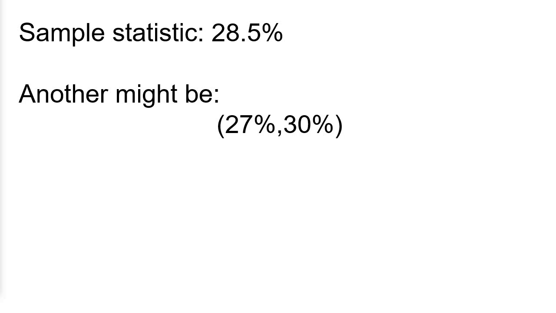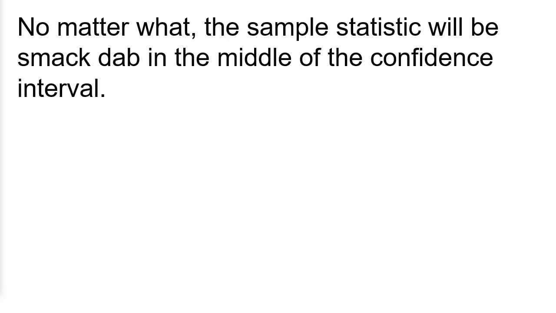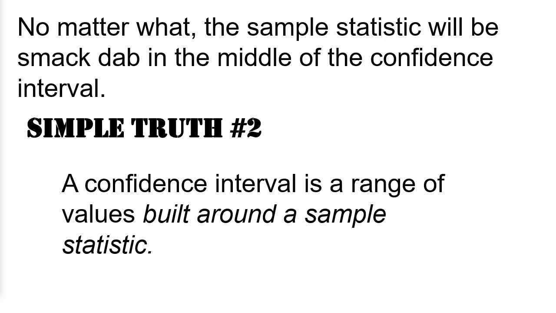That would be one valid confidence interval, as would something like this, where I just go up by a tiny bit. I go up by a 100th of a percent, and I go down by a 100th of a percent. The point is this: no matter what, the sample statistic will be smack dab in the middle of the confidence interval. That's what I mean by a confidence interval is a range of values built around a sample statistic.